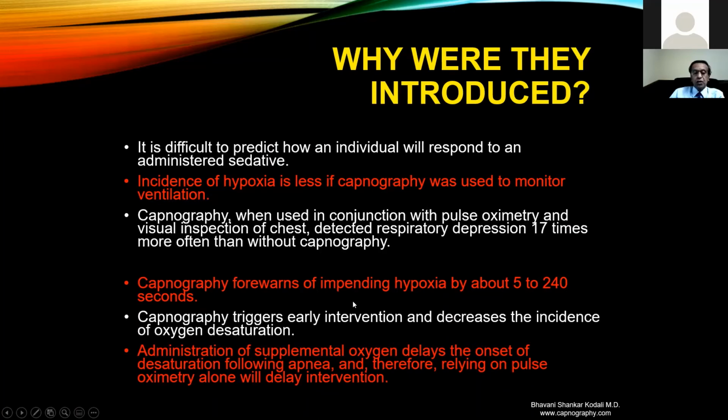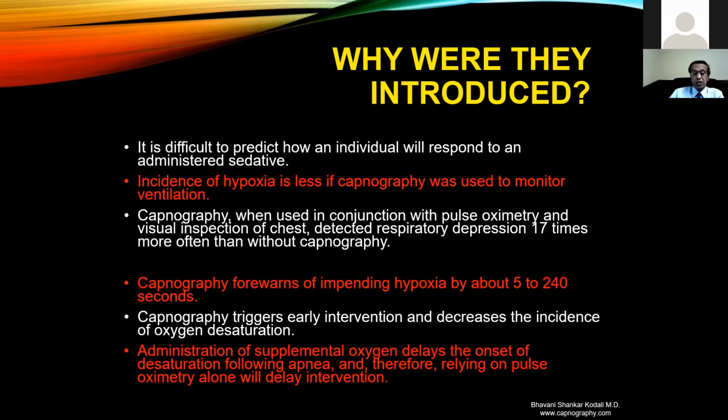Capnography forewarns of impending hypoxia by about 5 to 240 seconds. So it is almost like 4 minutes. It gives you a warning that if you are not going to implement corrective steps, the patient may become hypoxic. Capnography triggers an early intervention and decreases the incidence of oxygen desaturation. And this is a no brainer.